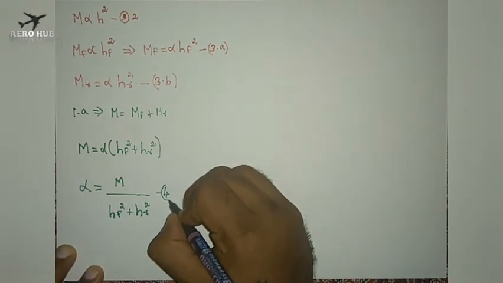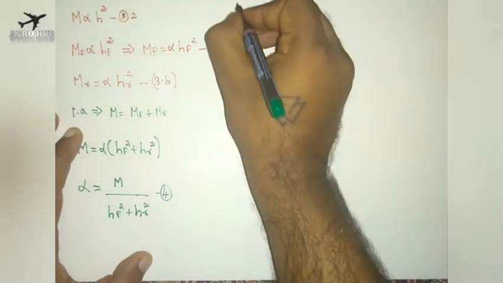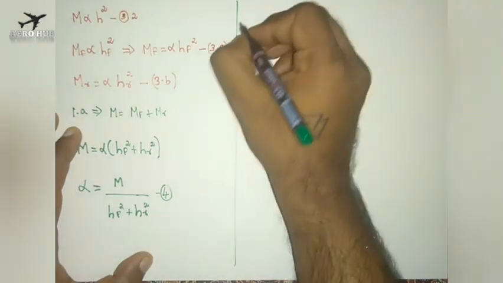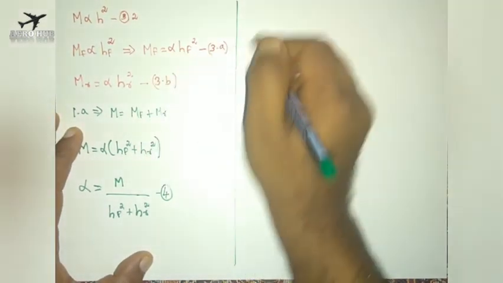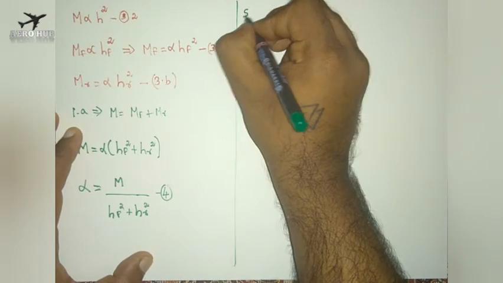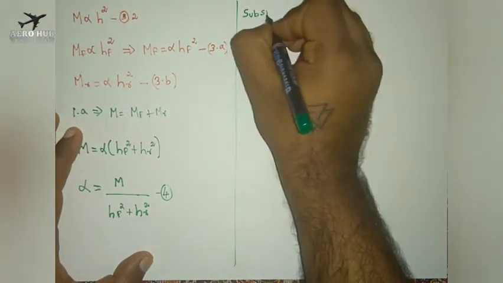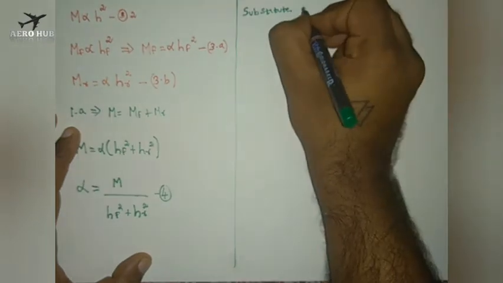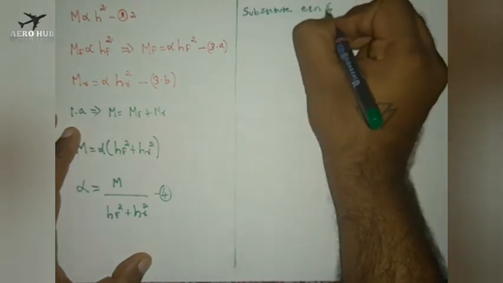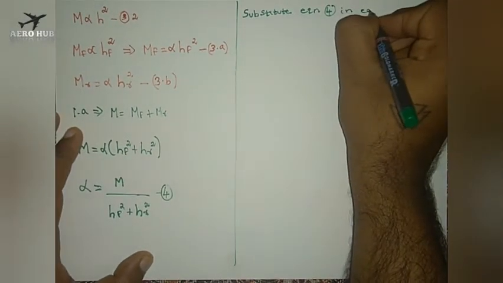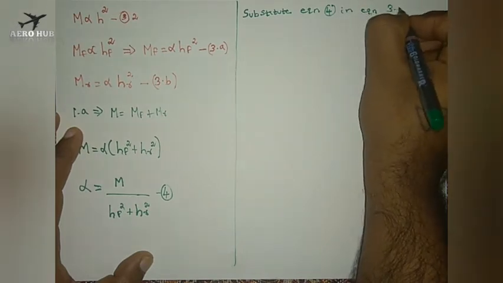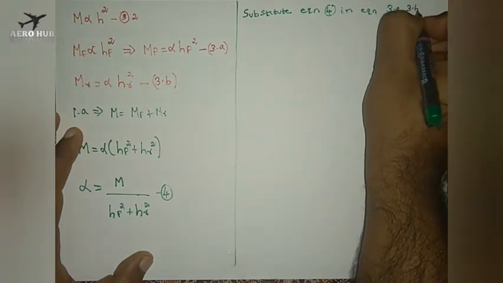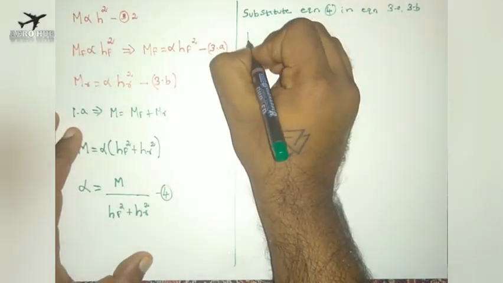Now MF is equal to alpha into HF square. So I substitute equation 4 in equations 3A and 3B.